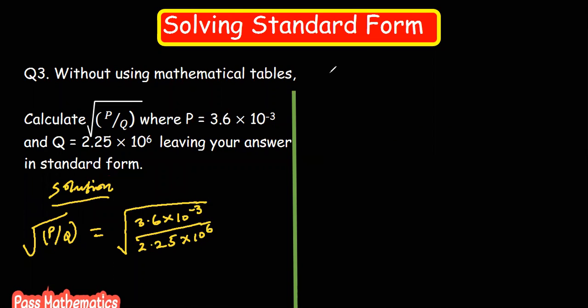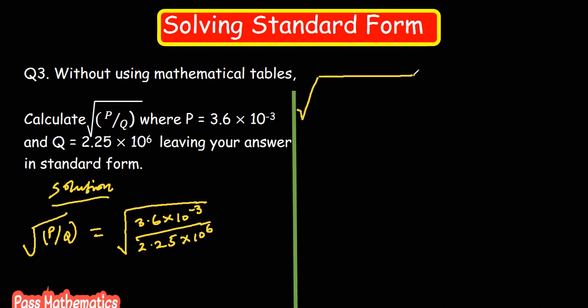And then after expressing it, we change the standard form of this. We also do this just to change them to whole numbers. So we should have our square roots like this.